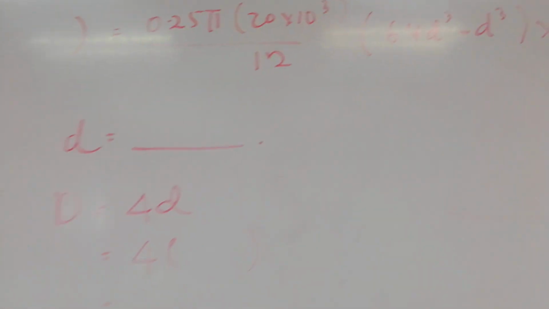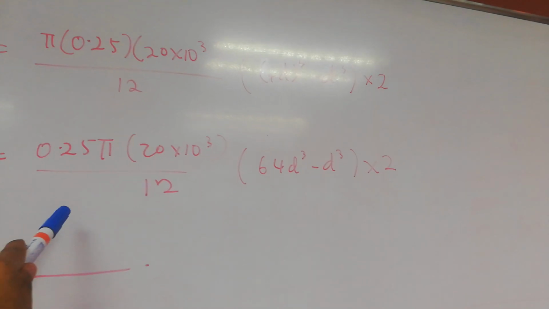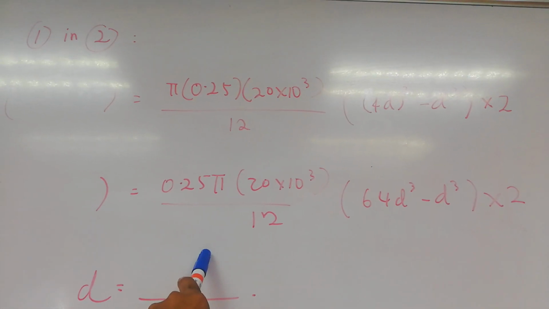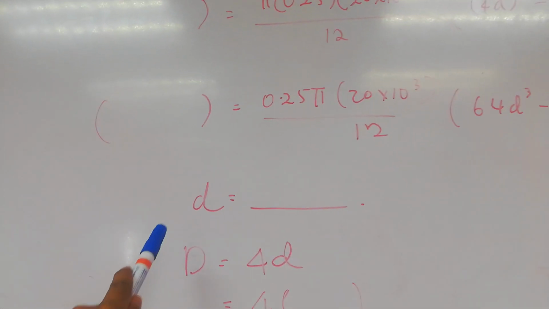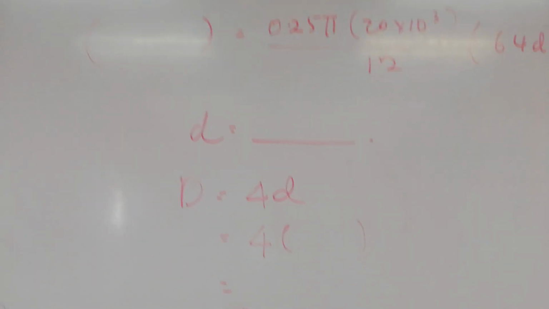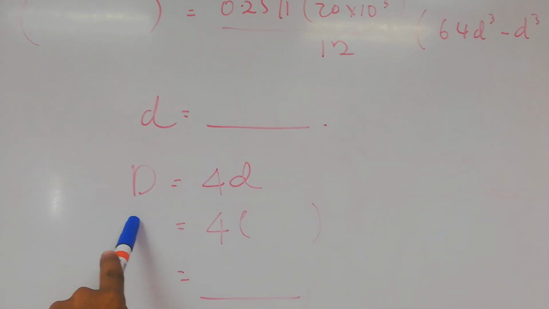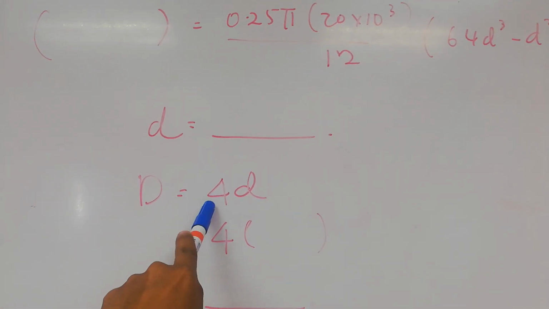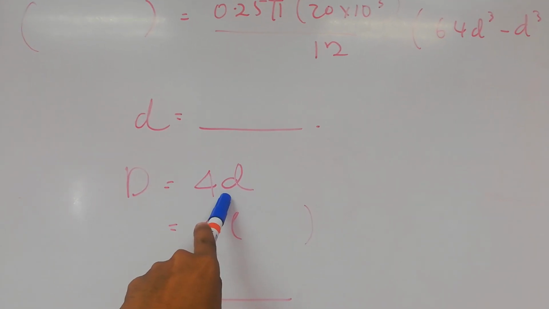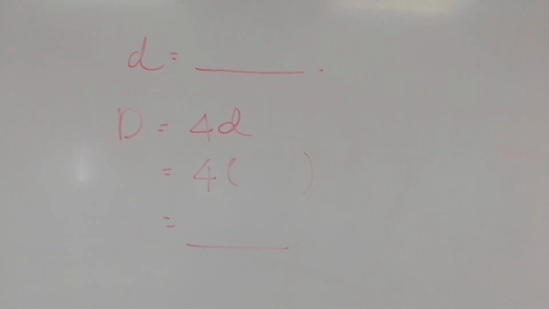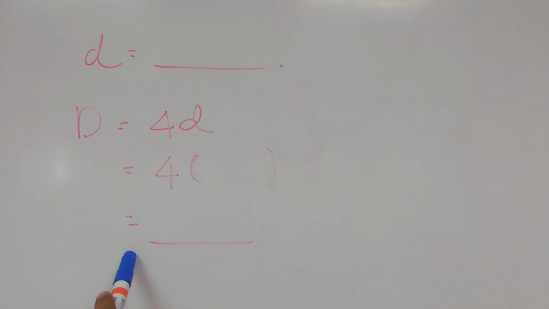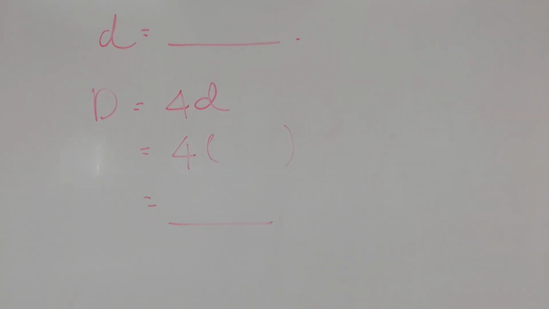After we solve the equation, we get the value of d. And then we know that the outside diameter is equal to 4 times the small diameter or inside diameter, so we get the outside diameter D.